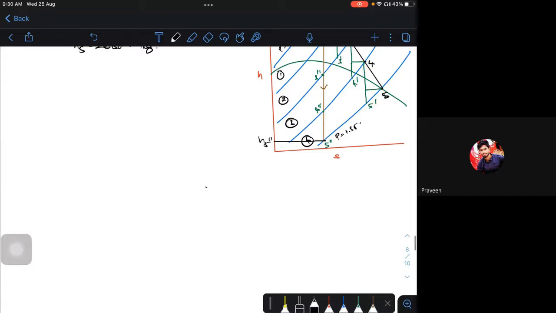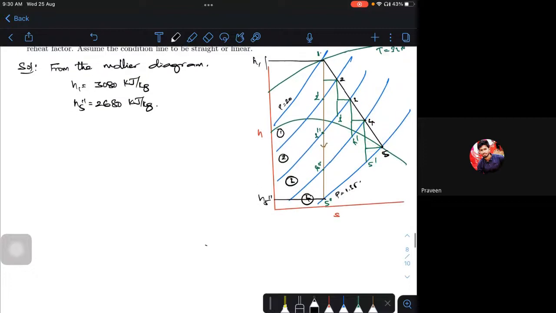That's fine. So we'll go ahead with H1 minus H2. Then what is the enthalpy drop? So therefore, the isentropic enthalpy drop for the single stage is equal to H1 minus H5 double dash, which is 3080 minus 2680.